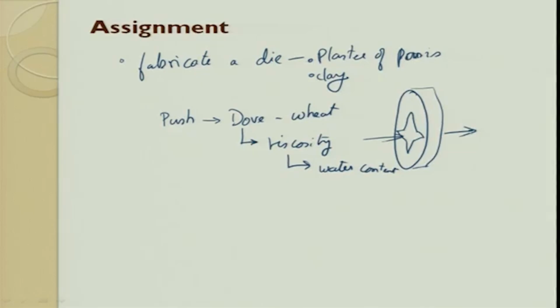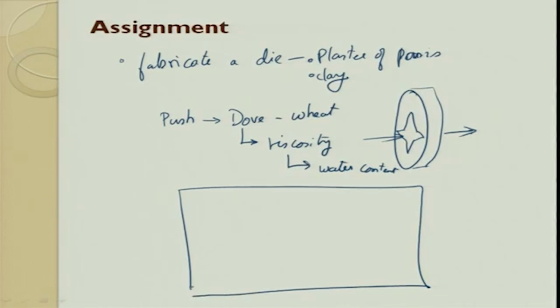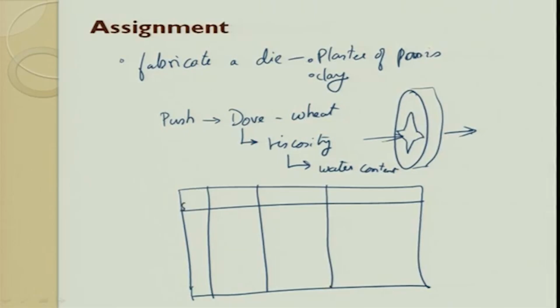Whatever exit you get, you try to make a table. Serial number 1: what is the water content? Then you try to measure, you try to have a strength feel, and you also try to see the shrinkage.